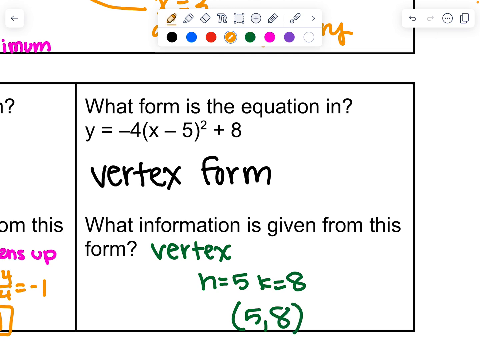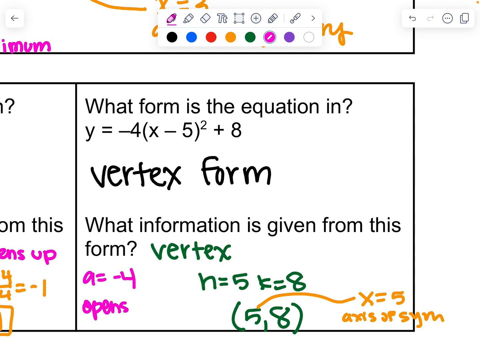If you have your vertex, you can very easily make that hop, skip, and a jump, and we get x equals 5 is the axis of symmetry. Finally, we can tell our a value. A is -4 here. So we know that this parabola or this quadratic function opens down.